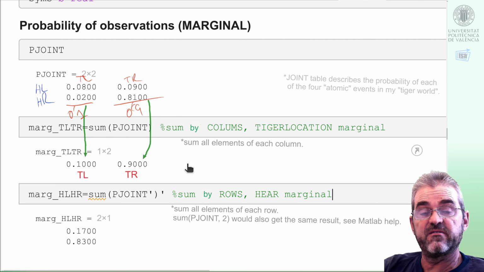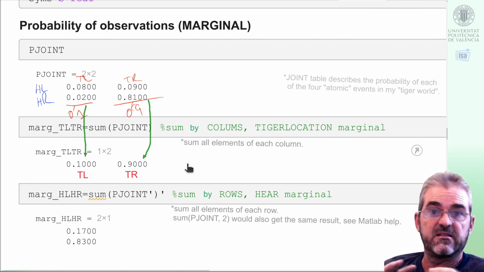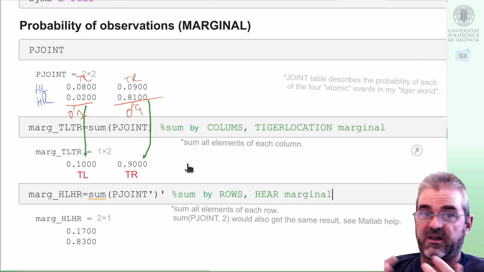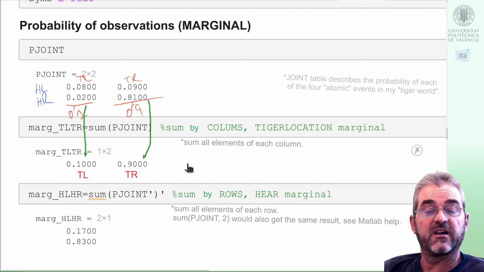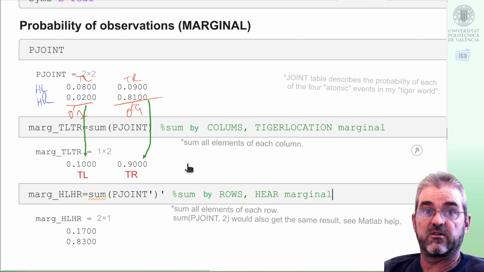So even if in our problem statement in the first video this 0.1, 0.9 was kind of a datum from my physical insight and decomposition into 2 stages of my problem, I can get it as a result from the joint table. It doesn't matter what's first. I mean, all tables and probabilities are interrelated, and in each problem I will take decisions regarding modeling on which things are known and which other things are computed from those known data.